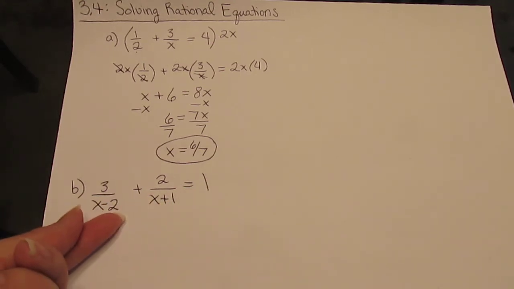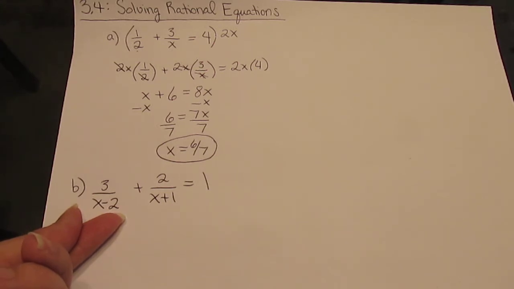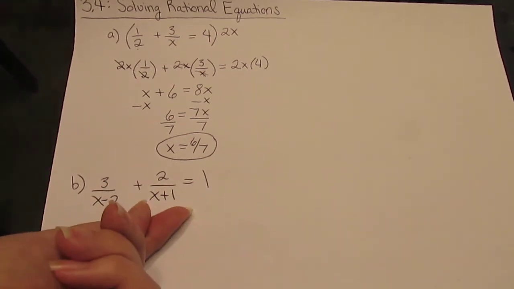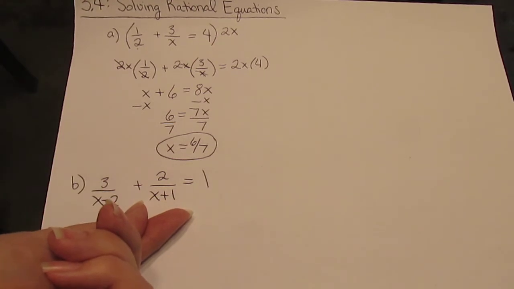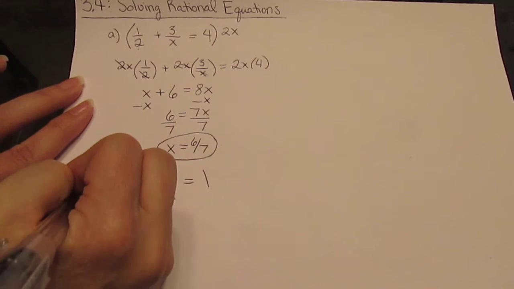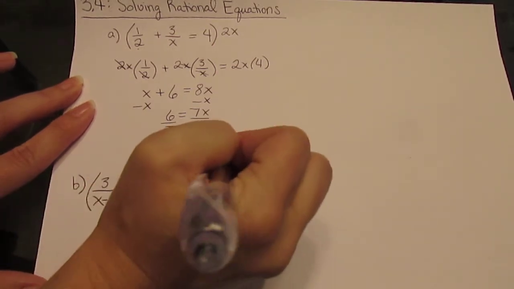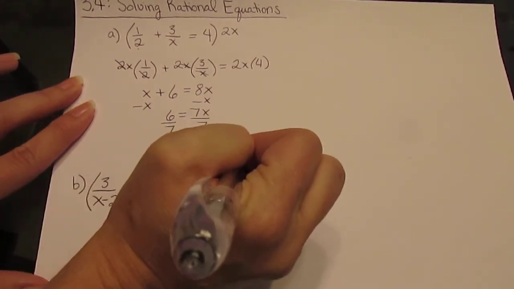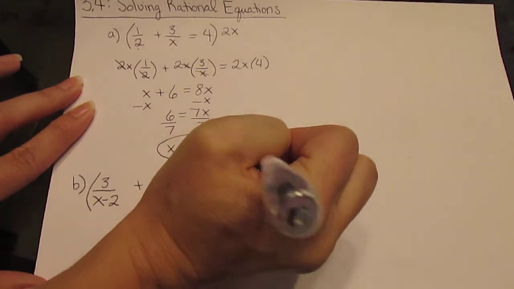That keeps this expression all together. In order to cancel that out, you're going to have to multiply by x minus 2. To cancel this one out, you're going to need to multiply by x plus 1. Okay, so that's what I'm going to multiply the whole equation by, x minus 2 and x plus 1.